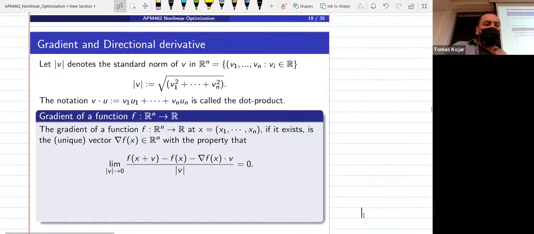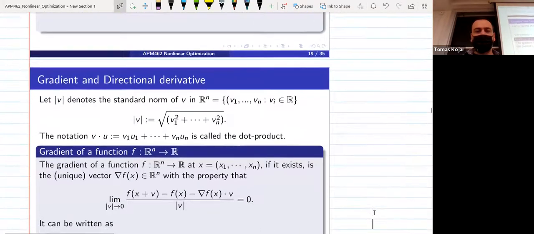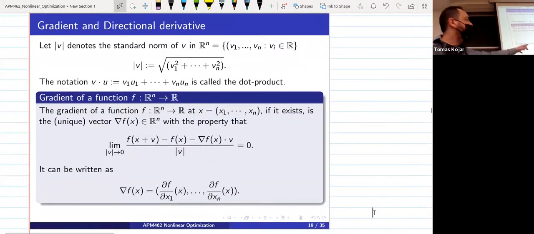All right, good. What's the gradient? The gradient of a function is the unique vector denoted nabla f of x, and it satisfies this limit problem. But nobody uses this. The one we use is the one I'm going to write here, namely that the gradient of f is equal to the vector of the partial derivatives.